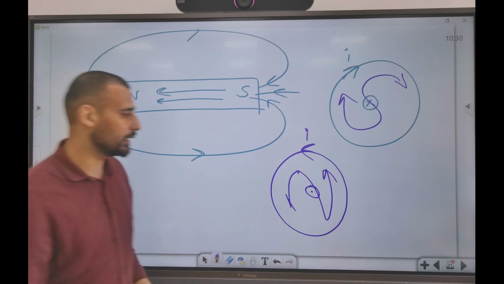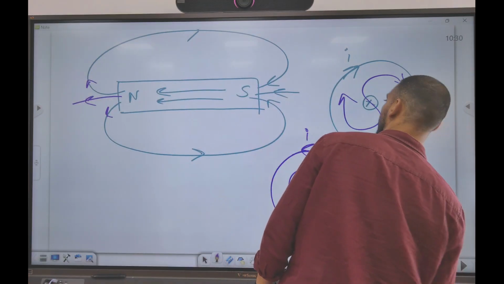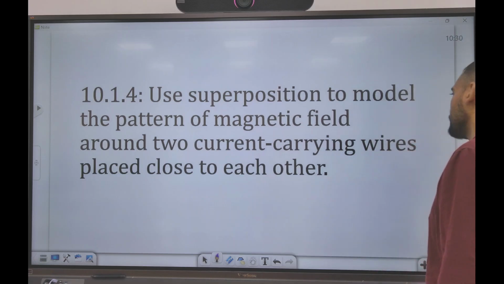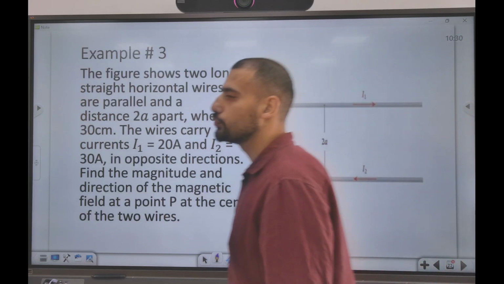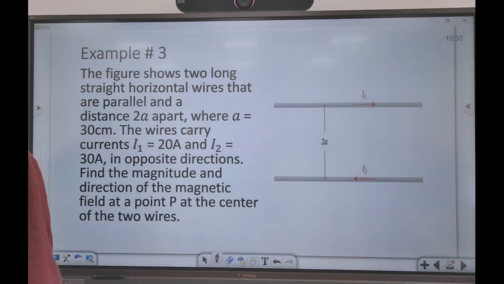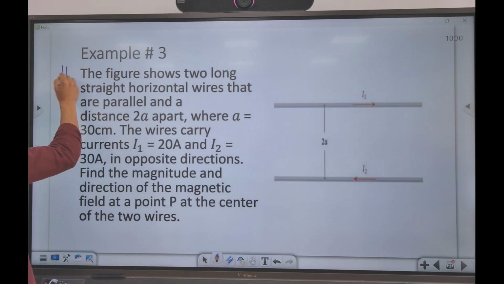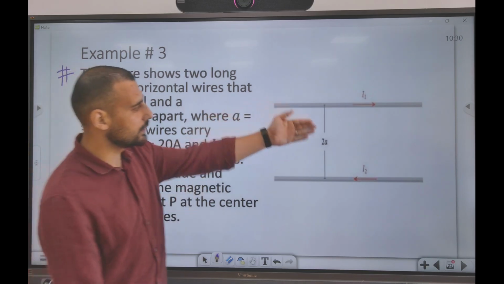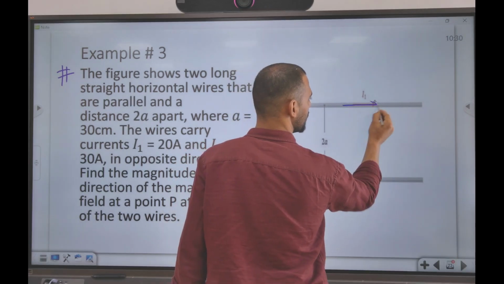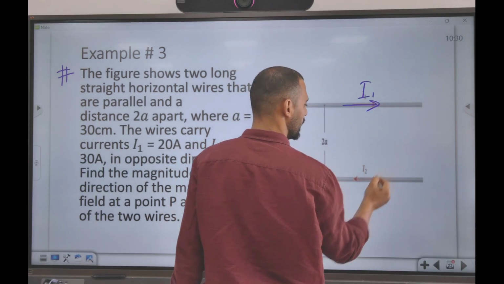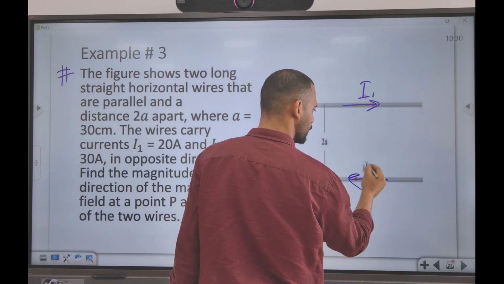Fine? Okay, now let us come to the next topic, and that is the case of superposition. And there is a numerical. There is a figure in which we have two straight conductors. Current is flowing like this. This is current I1, and in this the current is I2, fine?